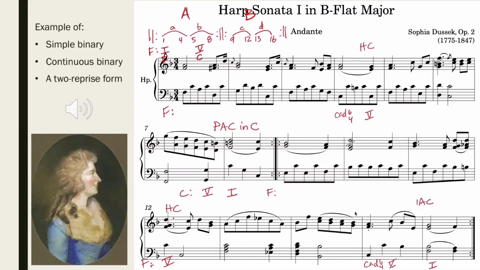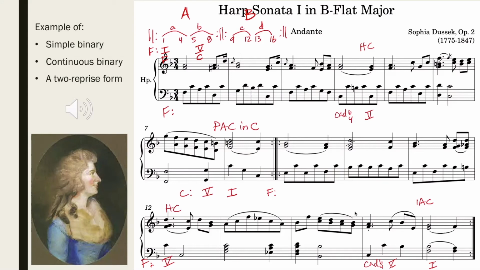The Roman numeral V, I'm also putting the letter of the key beneath it. So I'm very clear, showing that we're modulating to the key of V. We're not using a V chord, but rather the V is denoting that we're modulating to the key of C. Then we're back in the key of F at the very beginning of the third phrase.